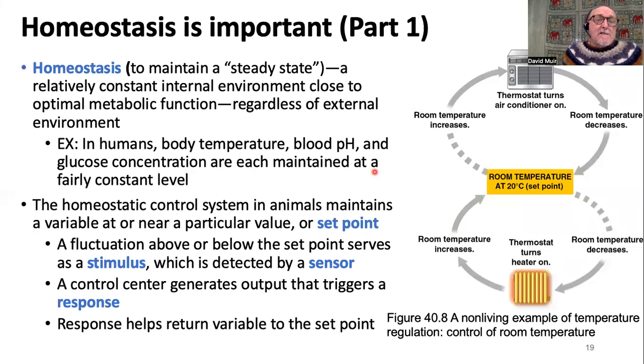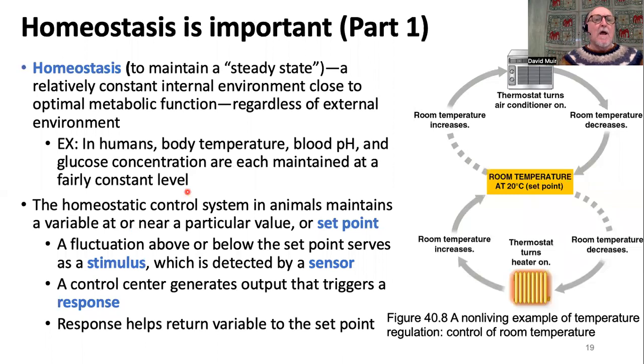So this maintenance of homeostasis is one of the most important aspects of being a complex organism. And in many cases where organisms are able to regulate, they are responding to changes around an optimum point, which we regard as being a set point.